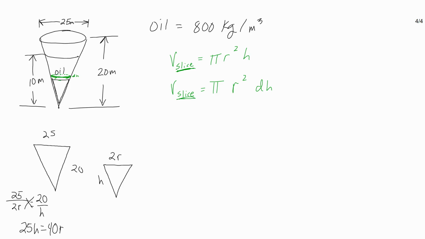And I want to solve for R, so that's 25 over 40. R is equal to 25 over 40 H, which is equal to 5/8 H. And you're going to take that 5/8 H and plug it in for R.